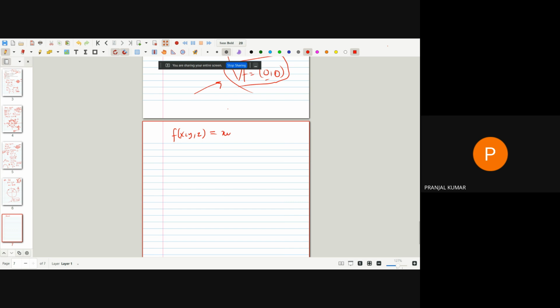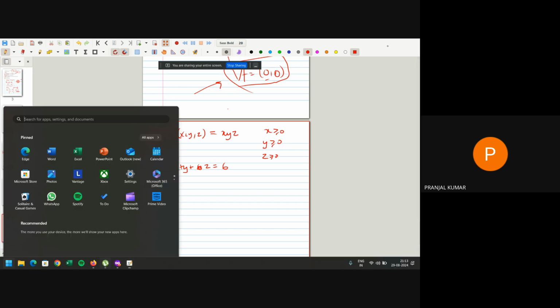So the product would be xyz, non-negative. So x is greater than 0, y is greater than 0, z is greater than 0, and their sum, x plus y plus z, is equal to 6. So this is how you will formulate the question. Is this clear?